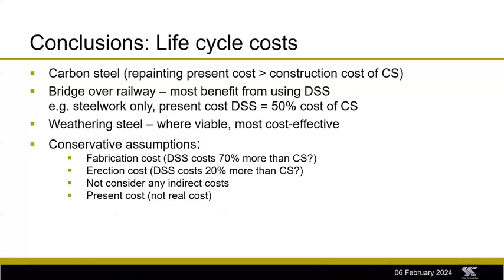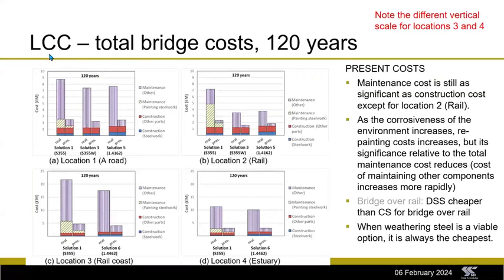We assumed fabrication was 70% more, erection 20% more. We didn't consider any of the indirect costs arising from maintenance. And my conclusions, let me just whiz back, my conclusions have all been geared around the present costs. So the arguments in favour of stainless steel are much clearer. If you look at the real costs, clearly you can see these very tall bars.